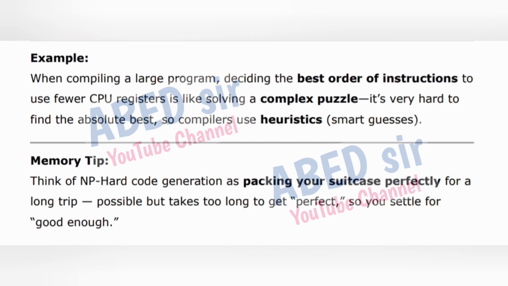It's very hard to find the absolute best, so compilers use heuristics, smart guesses. Memory tip: think of NP-hard code generation as packing your suitcase perfectly for a long trip, possible but takes too long to get perfect, so you settle for good enough.